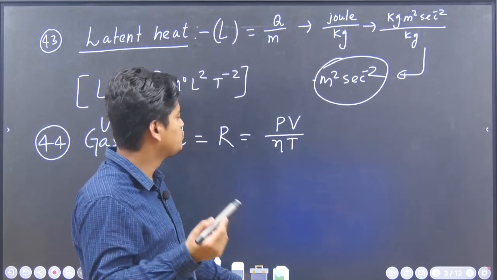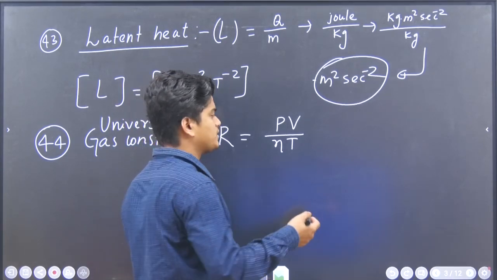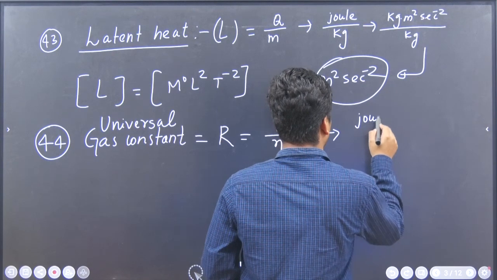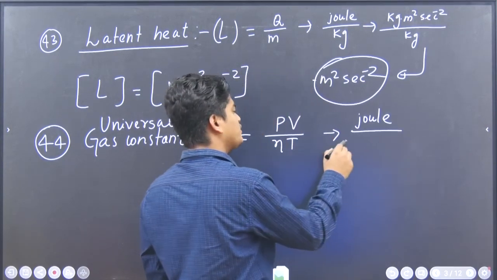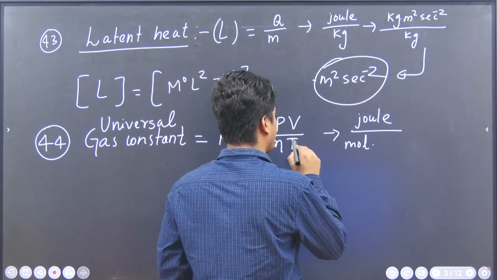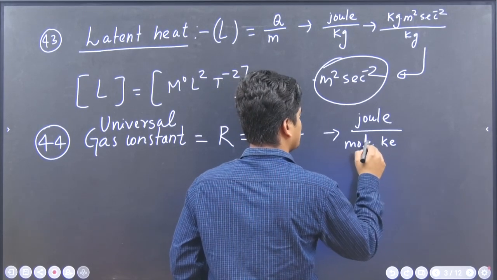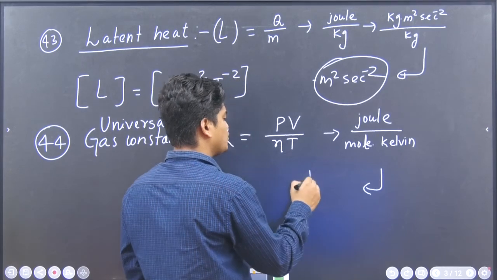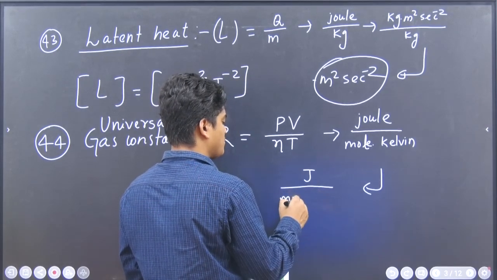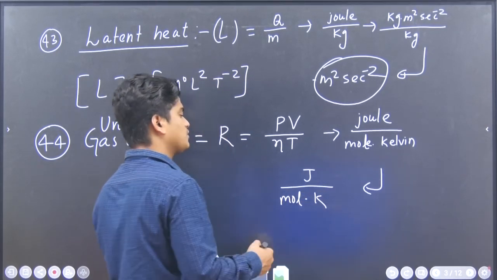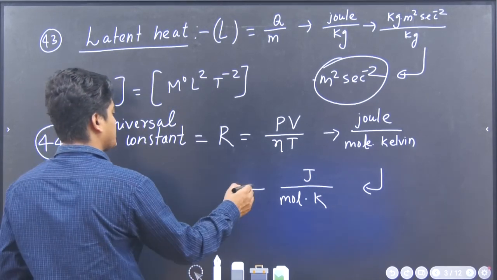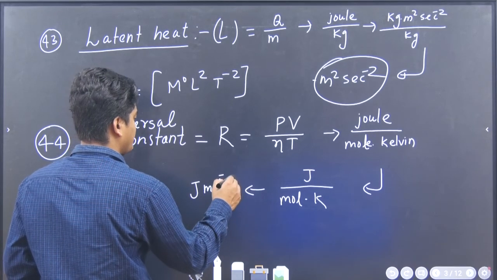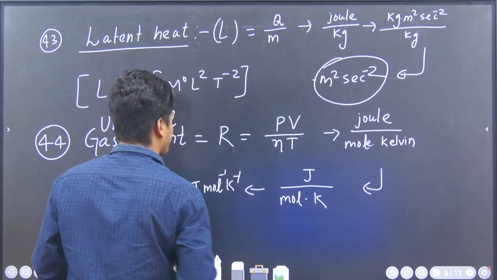Pressure into volume, that is basically work or energy you can tell. So this will give energy, unit joule, divided by n, whose unit is mole, and T, whose unit is Kelvin. Now you can write this as joule by mole into Kelvin. Sometimes you can write it as joule mole inverse Kelvin inverse. So universal gas constant.